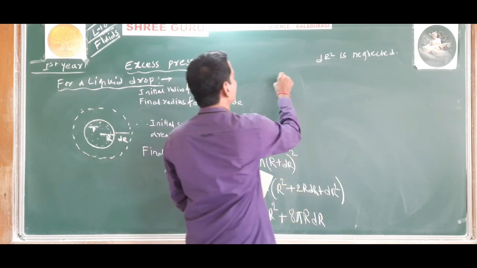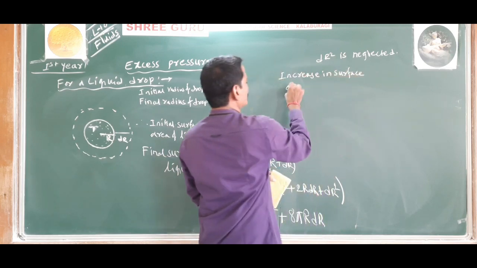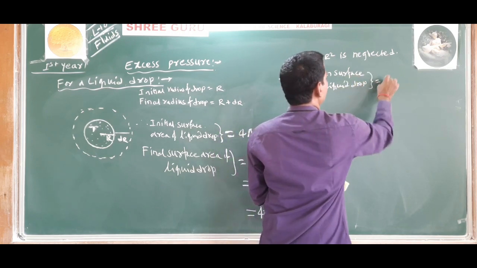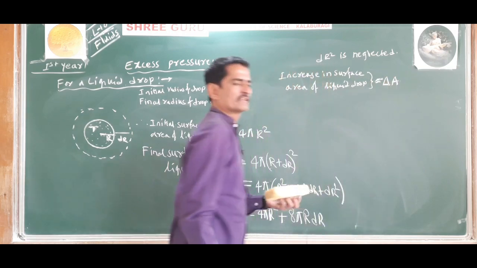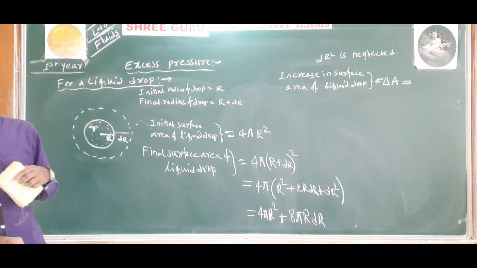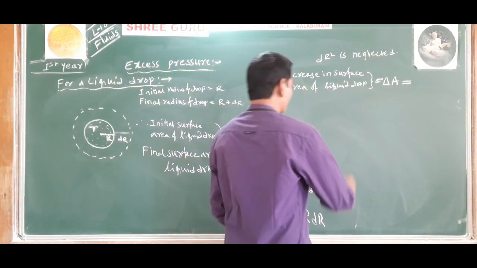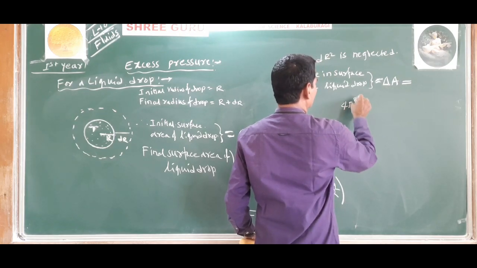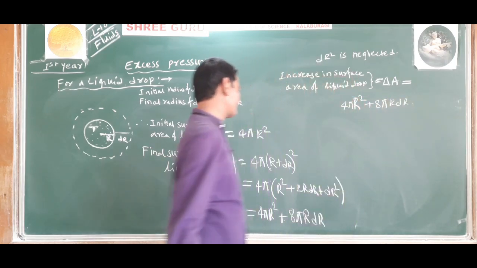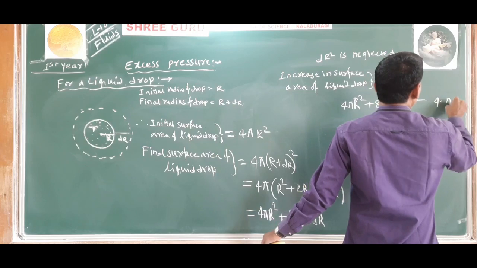The increase in surface area of the liquid drop is delta A, which equals the final surface area minus the initial surface area. The final surface area is 4 pi r square plus 8 pi r dr, minus the initial surface area, which is 4 pi r square.